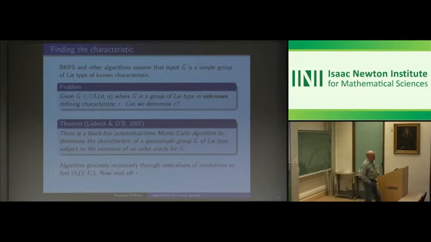We come down through centralizing involutions to find a copy of SL2 in defining characteristic. And once you're down to SL2 in defining characteristic, you then read off what the characteristic is from that copy of SL2.